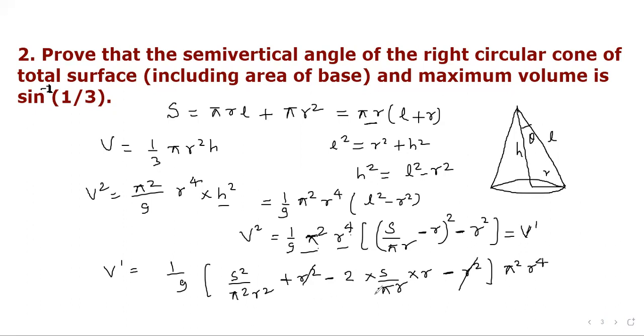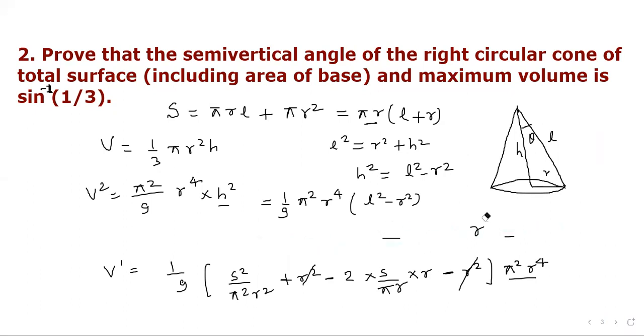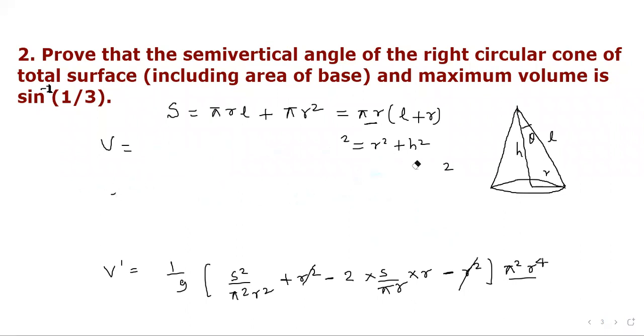Then what is left? So let's take this pi square r power 4 inside. Now what do we get? V dash equals 1 upon 9. If we multiply pi square r power 4, pi square will cancel out, and r power 4 over r square leaves r square.